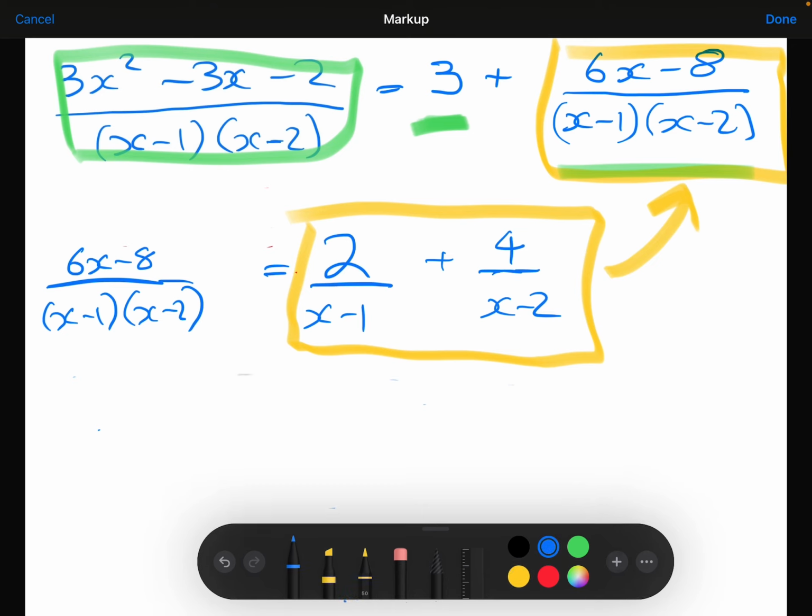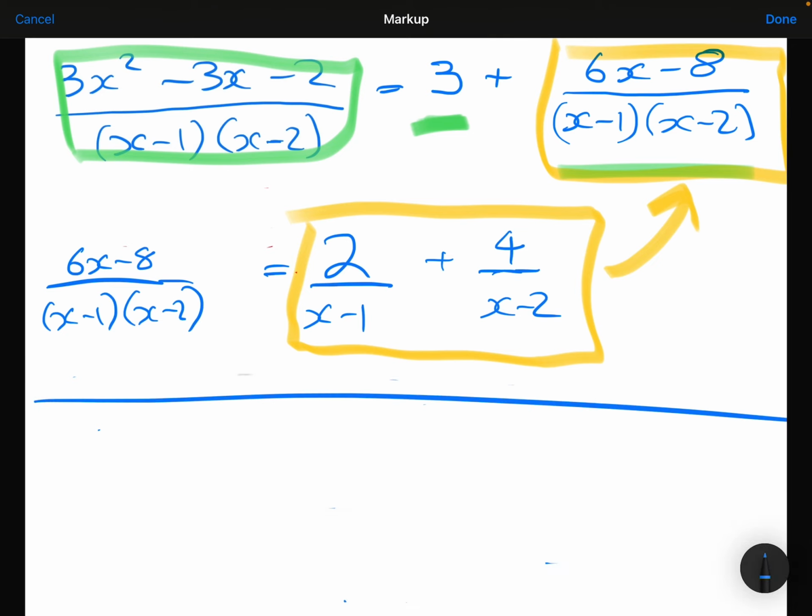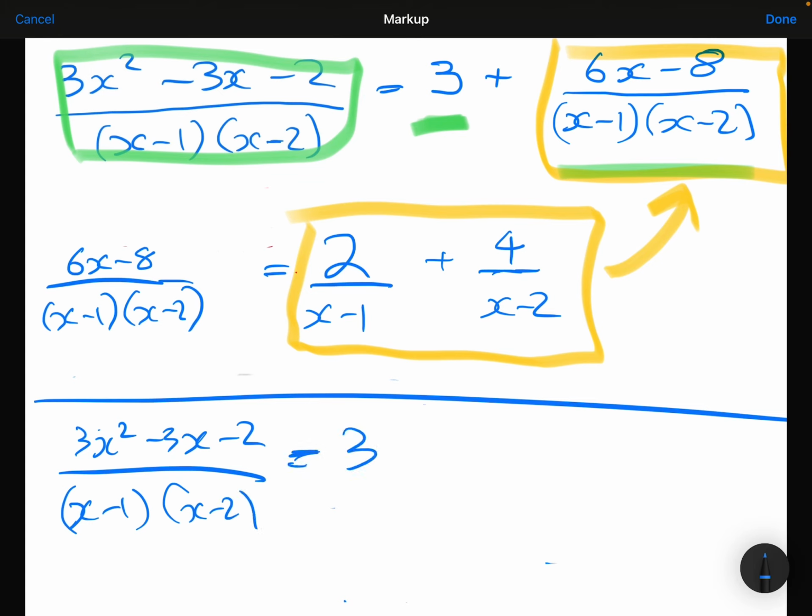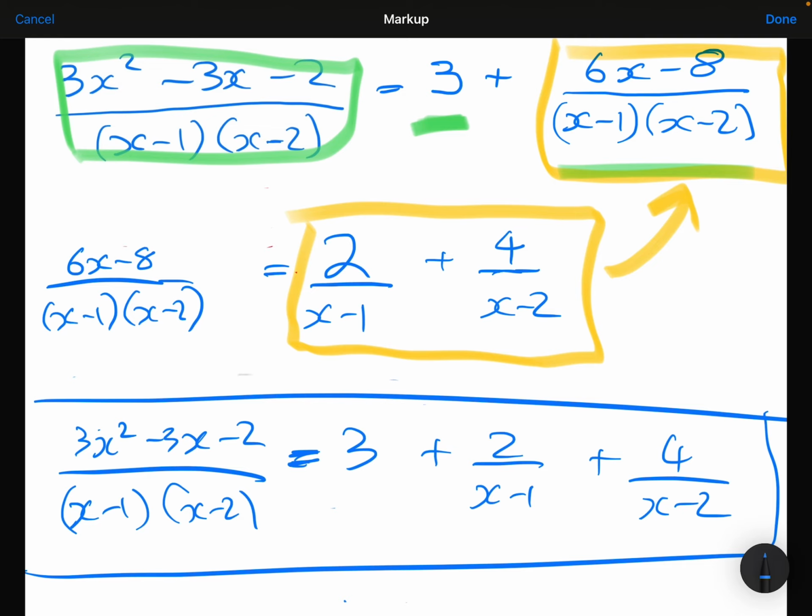So overall then, I can replace that improper fraction with the 3 plus the 2 over x minus 1 plus the 4 over x minus 2. And there we go.